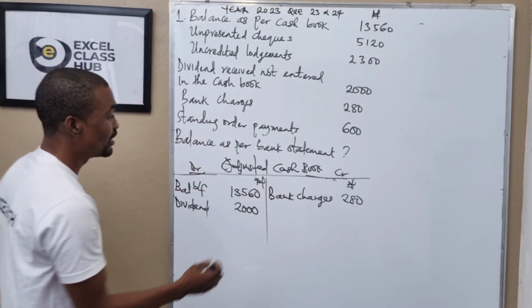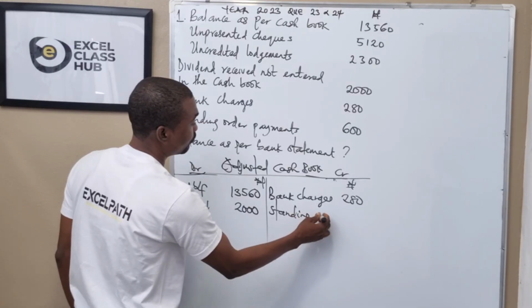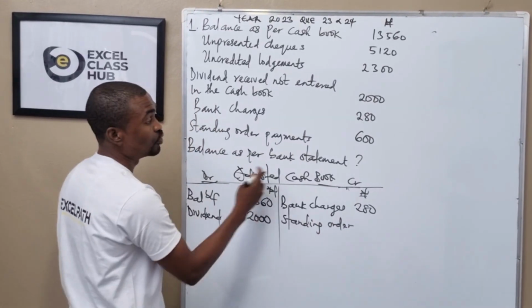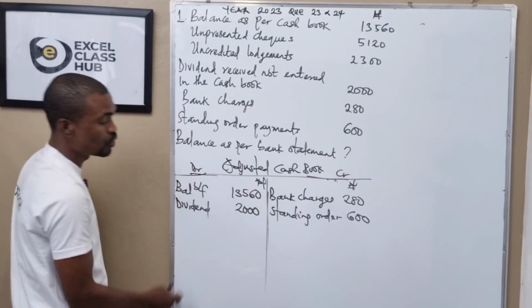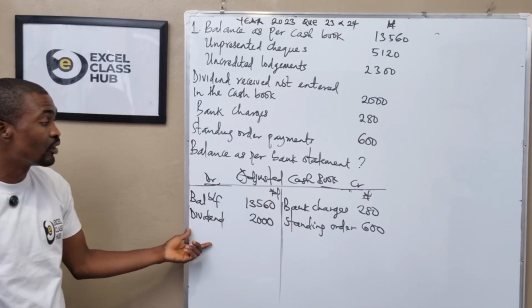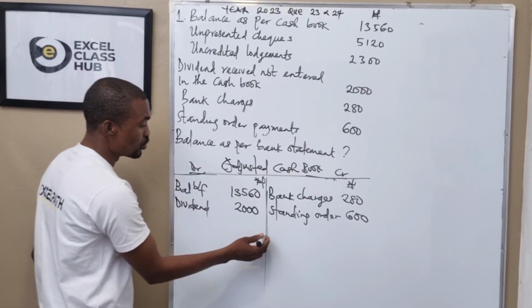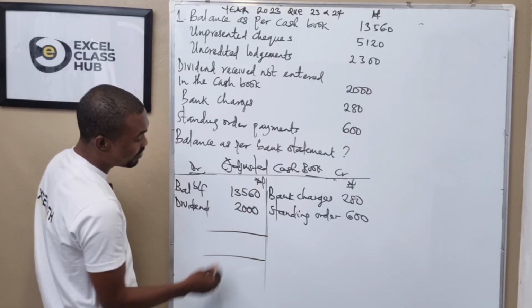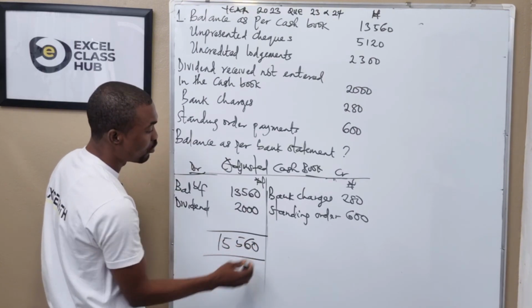Then we have standing order payment. I'll just write it as standing order, which is 600 naira. Now, looking at this, you can see that your debit side is greater than the credit side, meaning that the income side or the receipt is greater than the payment. So let's add this. 13,560 plus 2,000 will give us 15,560.